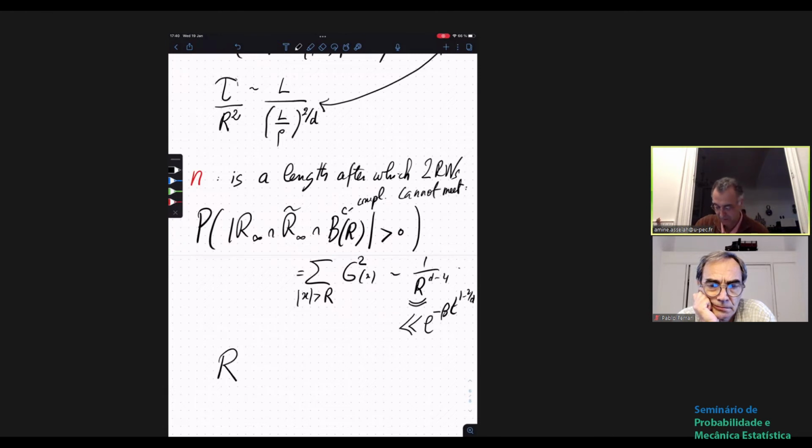So you can localize everything which happens in a huge box. And this also means that after a time like R squared, they won't meet anymore in your large deviation scale. So this n, you can always take it to be, let's say, the square, but it doesn't matter, exponential to the t to the 1 minus 2 over d.